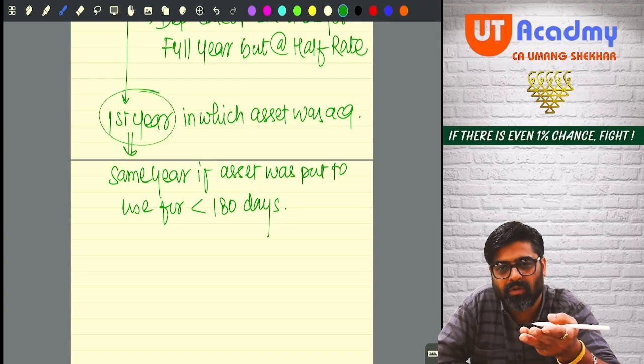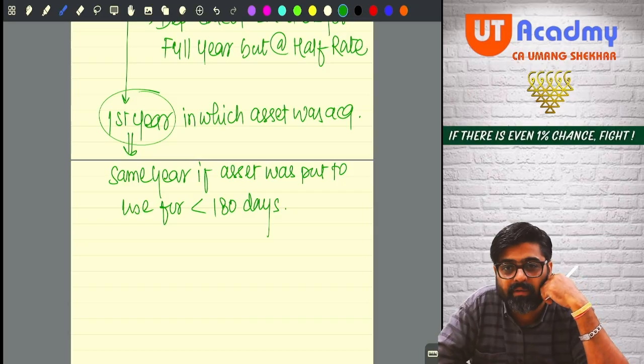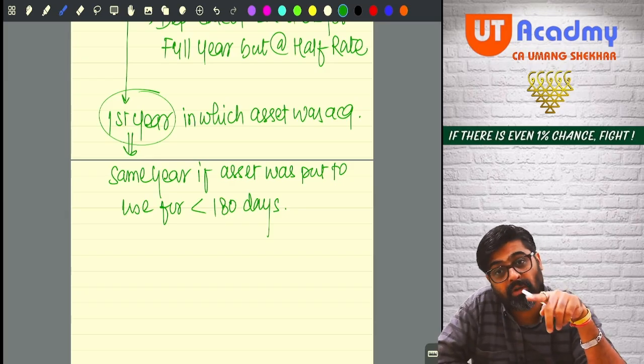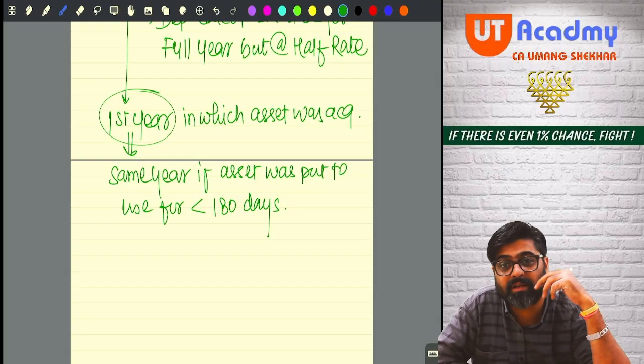For you, even if you calculate the depreciation for number of months, number of days, it will not be that difficult. But just imagine a company who buys and sells thousands of assets during the year, like Reliance, Tata. They must be calculating their depreciation based on the number of months, number of days, and claiming that depreciation as a deduction.